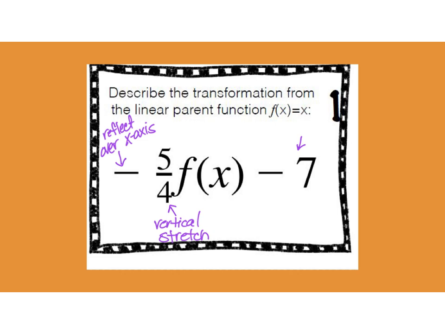No, we're going to go down. Yes, thank you, Nathan. You are on it today. So those are all 3 of those transformations that are happening to our graph.